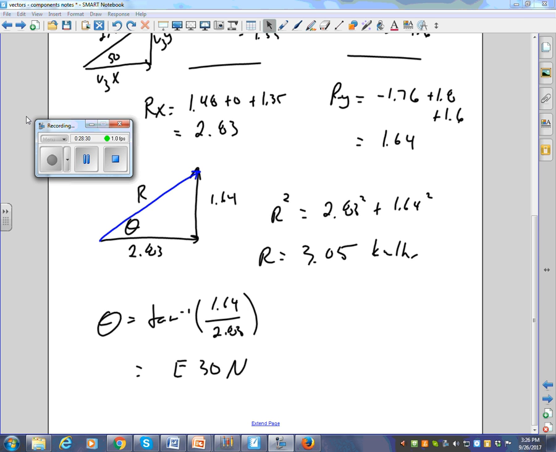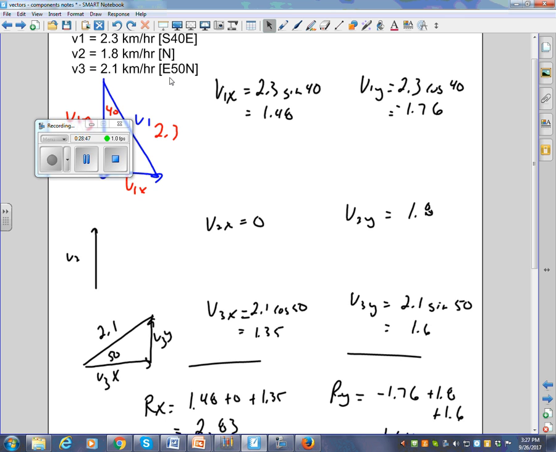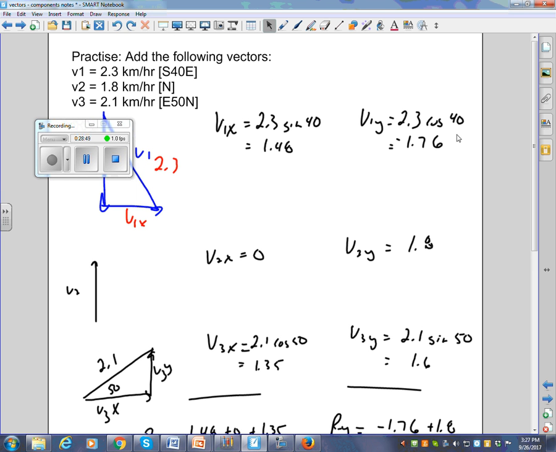On the first page, all you have to do is find components. You don't add. No adding. I've had kids before try to add these all up. They're different. They're A, they're B, they're even different units. You're just finding components. Okay?